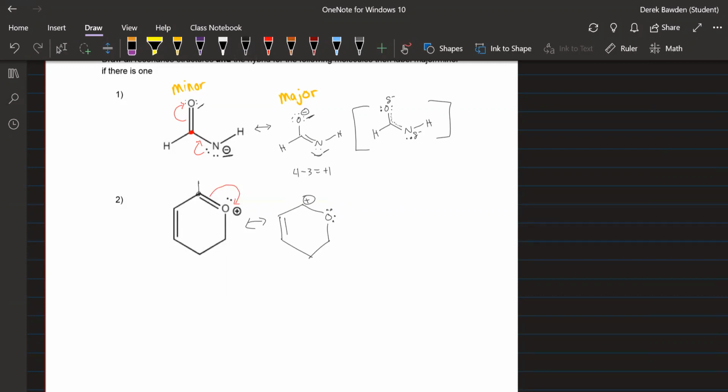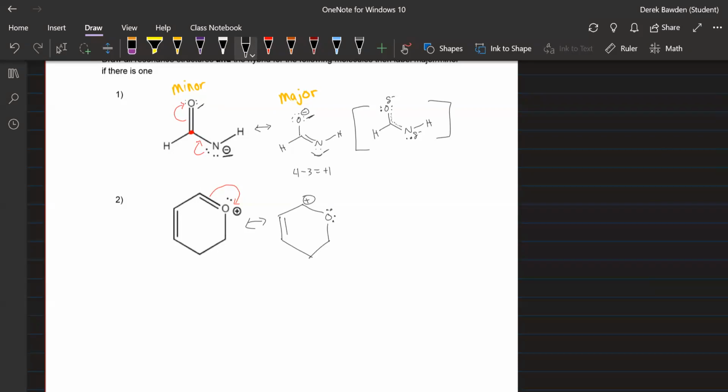Probably the easier way to look at this is to say there was electron density here, and then we took the double bond away, and so now it's going to be more positive. And the way you know you've done this right is if the formal charge stays the same in the molecule. Overall, there's still a positive charge in the molecule.